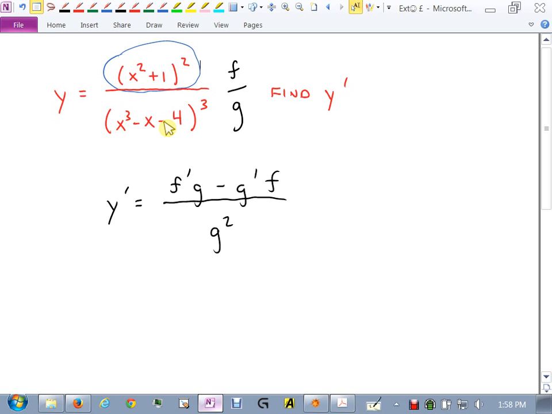So this is a quotient rule problem with two chain rules inside of it. It's a quotient rule that creates two chain rules. Well, we have to work it out. So, all right, what I'll do is on the side here, I'm going to write down what f is.